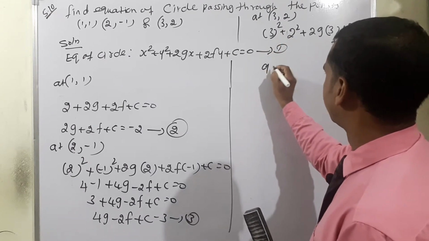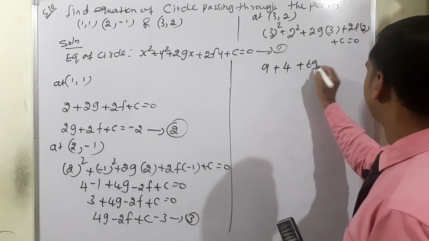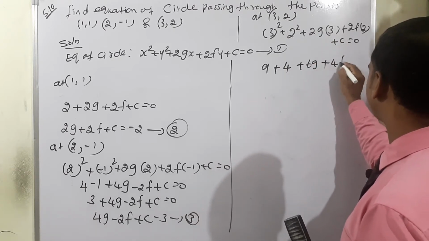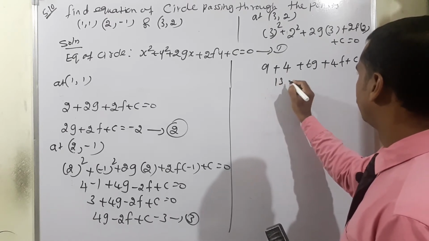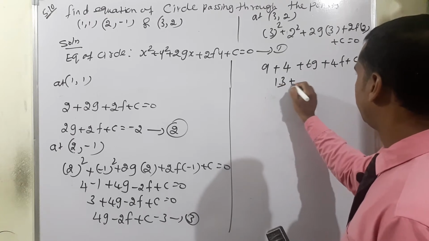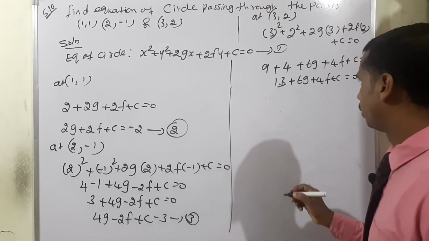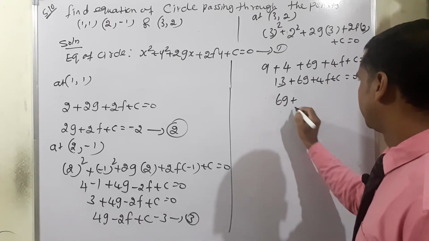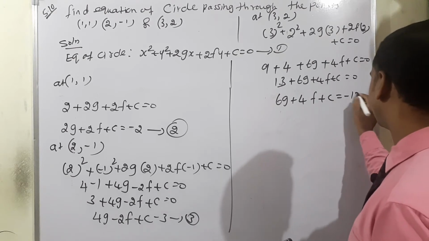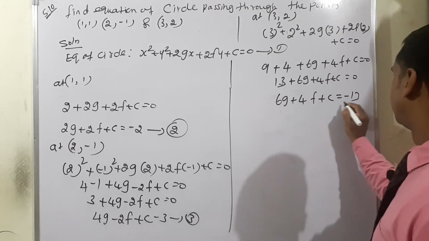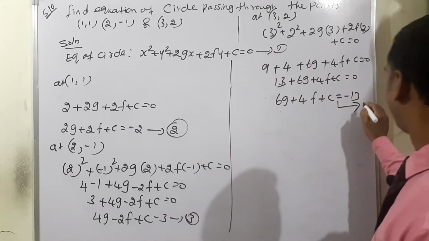So 3 square means 9, 2 square means 4, 2 into 3 means 6g, 2 into 2 means 4f, plus c is equal to 0. So 9 plus 4 is equal to 13 plus 6g plus 4f plus c is equal to 0. Therefore, 6g plus 4f plus c is equal to minus 13, bringing the 13 to the opposite side. This is considered as equation number 4.